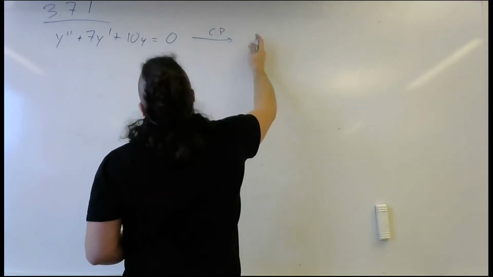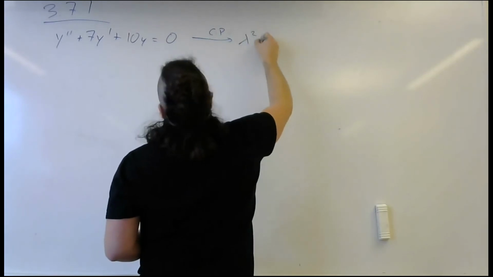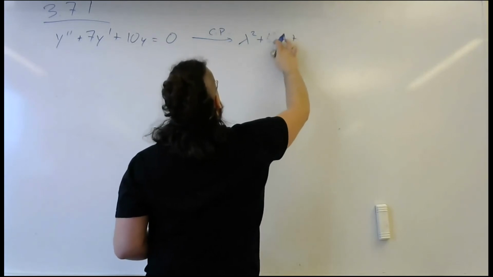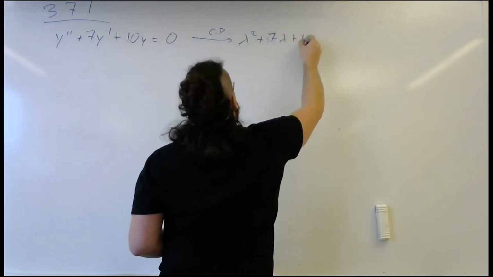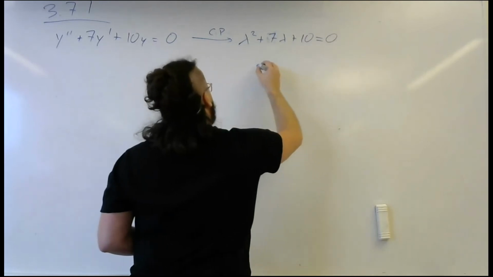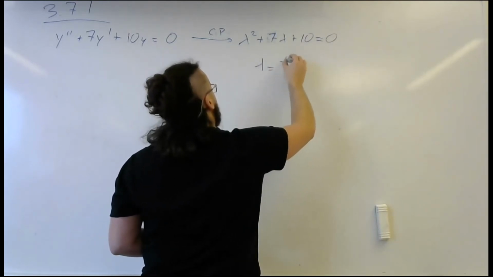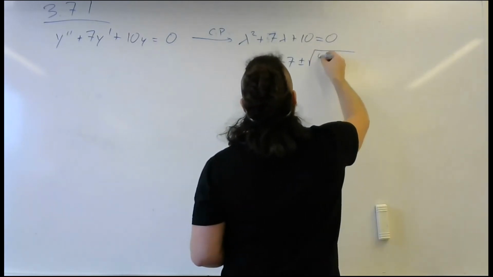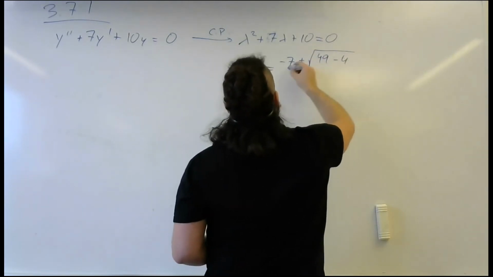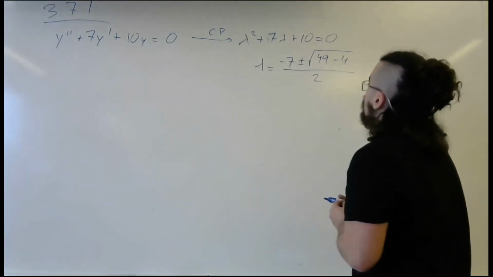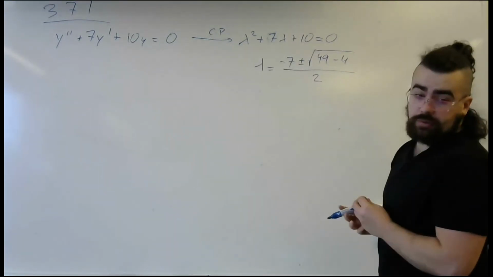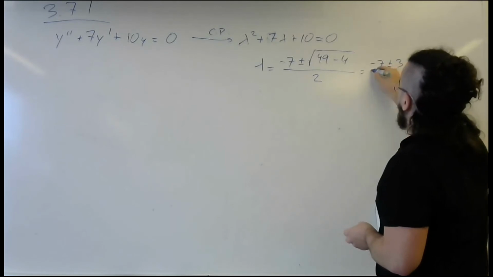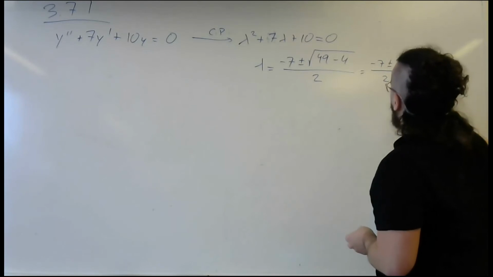The characteristic polynomial is lambda squared plus 7 lambda plus 10 equals 0. The roots of this are -7 plus minus the square root of 49 minus 40, divided by 2. They're both real. This is -7 plus minus 3 divided by 2.